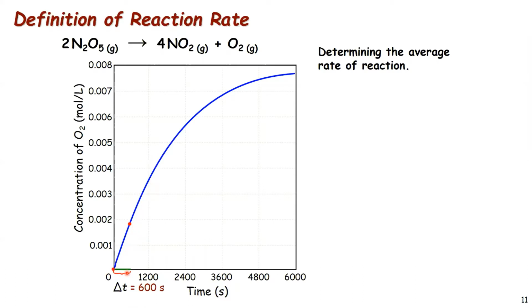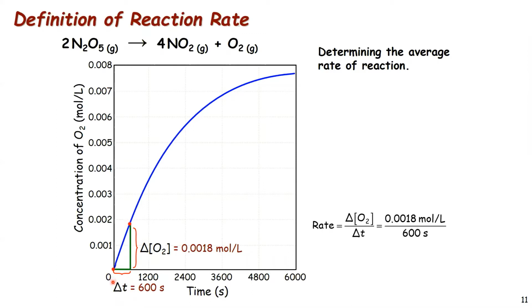So we looked at a 600-second time span, and the concentration went from 0 up to 0.0018. So that ends up being our change in the concentration of O2. So the average rate of formation of O2 is just the change in concentration of O2 with respect to the change in time.